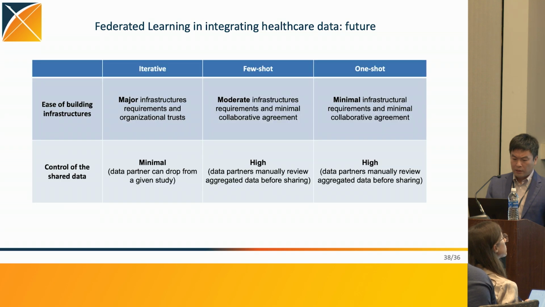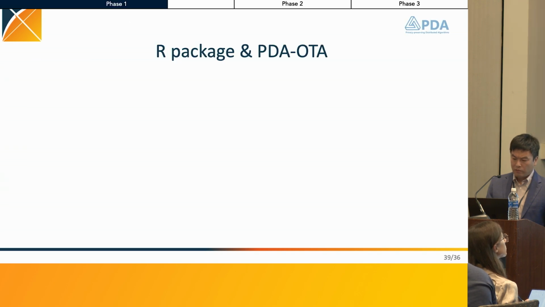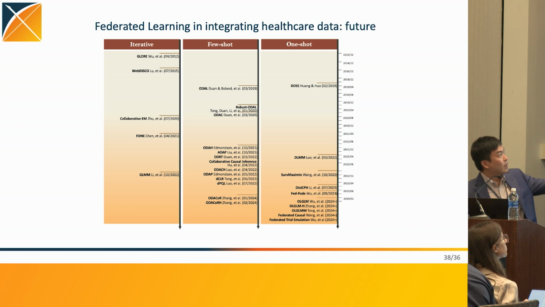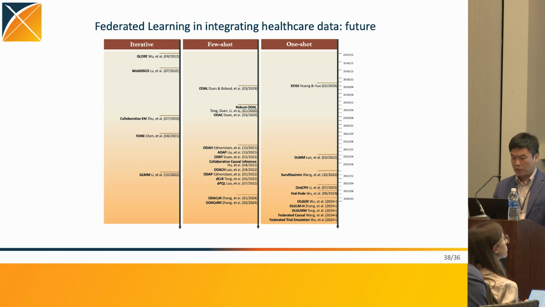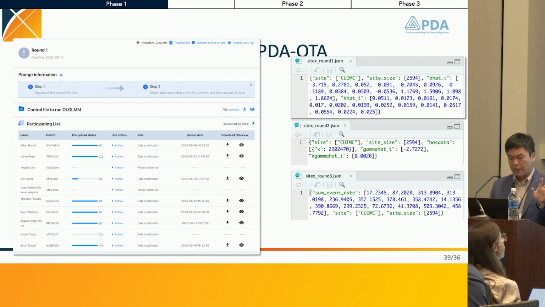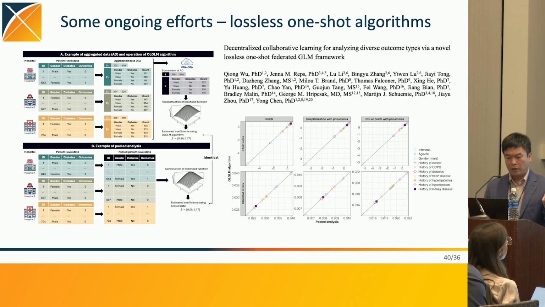It's very important to think about how much we can push for one-shot. On the left-hand side are iterative algorithms, the middle is few-shot algorithms, and we are working very hard to push for a one-shot algorithm. Meaning that if you can have people run the analysis with only one round of communication, people would be happy, right?